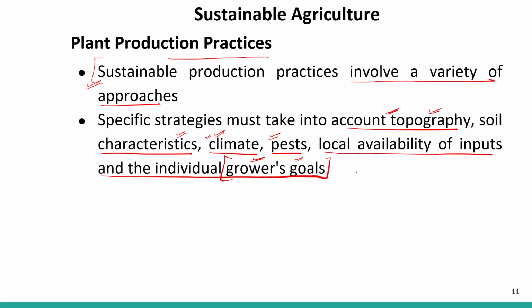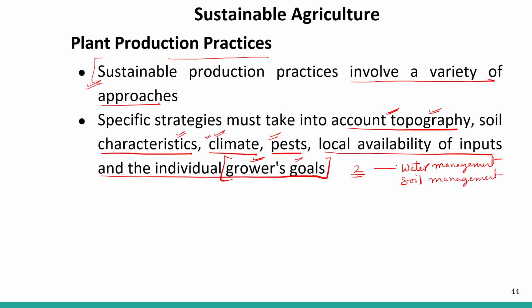We can only manage two things. In the last session we covered this: water management and the other one is soil management.